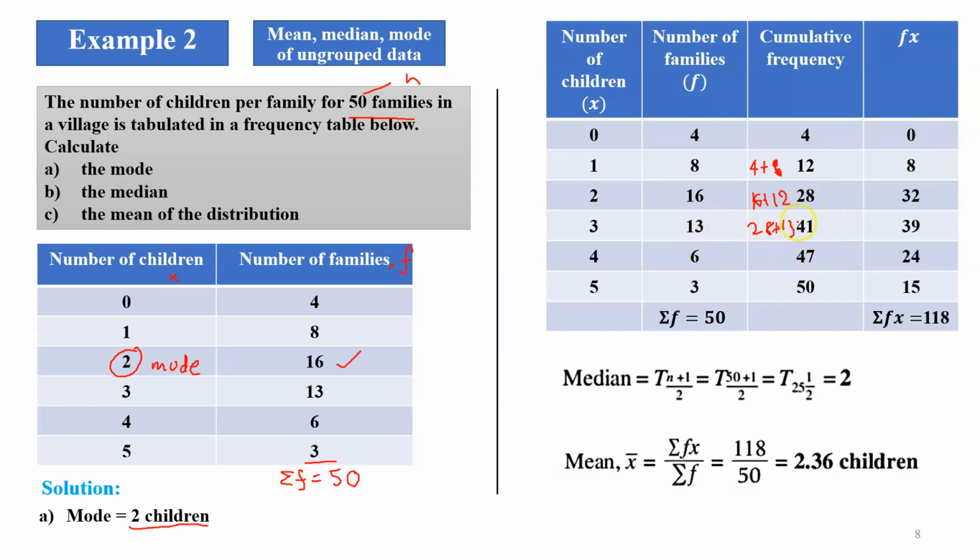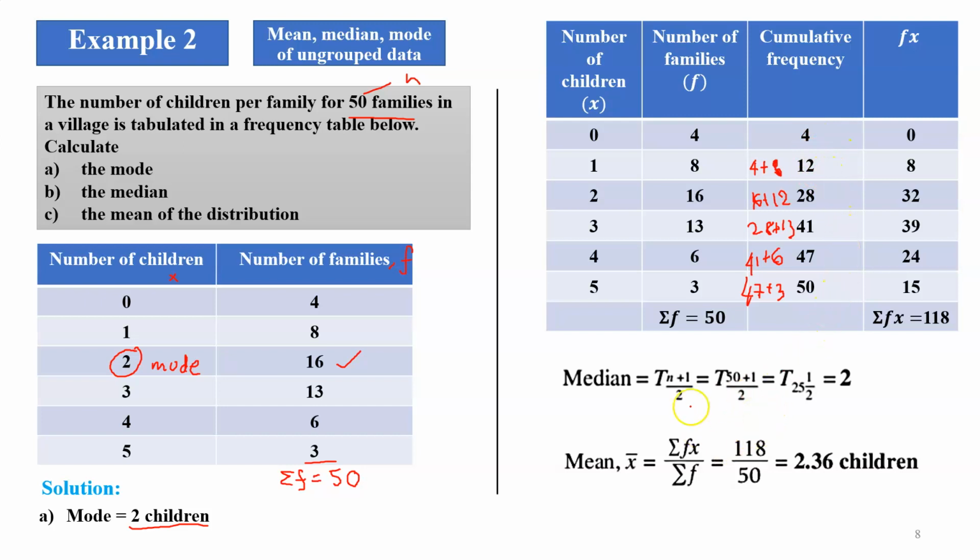How do you get 47? 41 plus 6. And how do I get 50? 47 plus 3. That is cumulative frequency. You tambah dengan yang sebelum-sebelumnya.